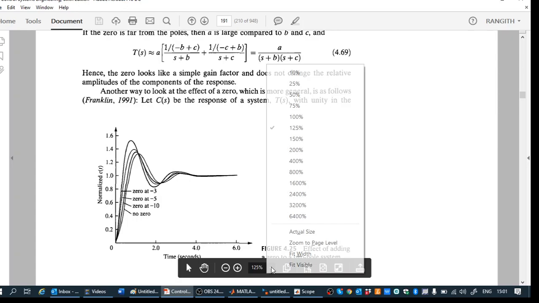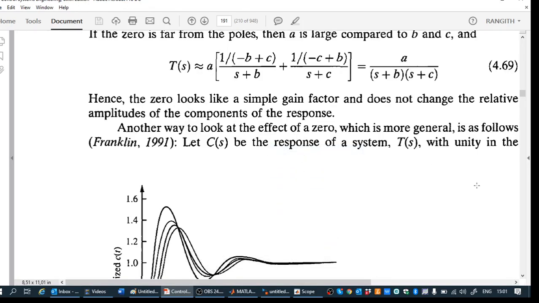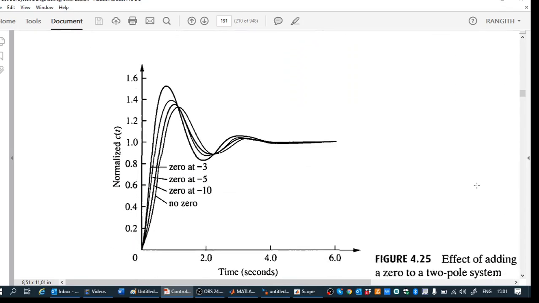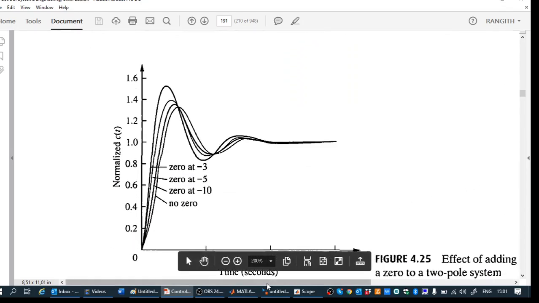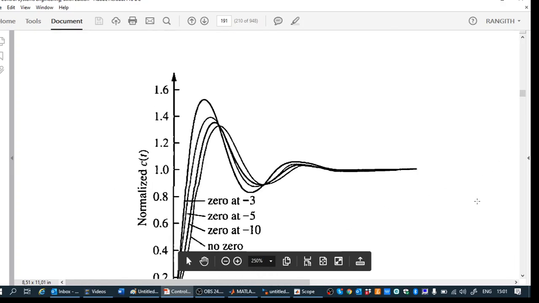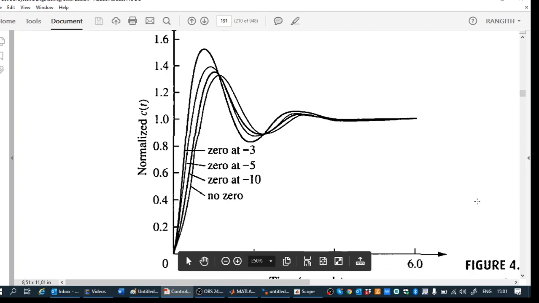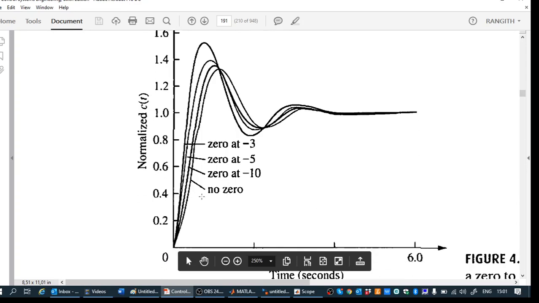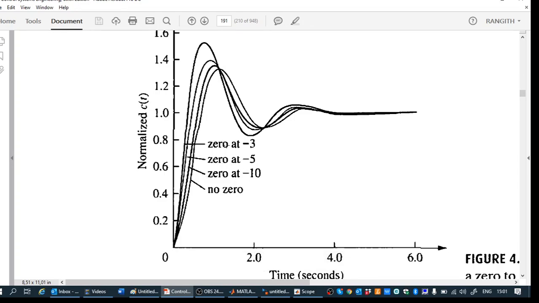Let's just zoom this in a bit so that we can have a very clear look at this. Right, so here you can see that the first one is having no zeros, and the second one is having a 0 at -10, and then you have a 0 at -5 and a 0 at -3.